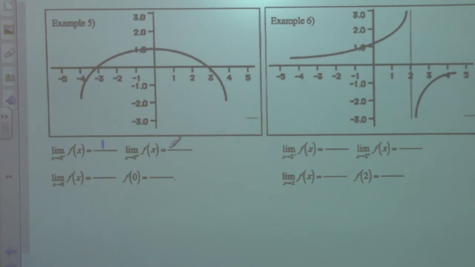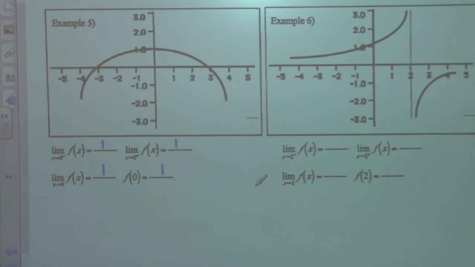The limit as x approaches 0 from the right side is 1. The limit as x approaches 0 is 1. And f of 0? Do you see any kind of hole there? No. So f of 0 is still 1, because there's nothing that tells me it does not exist. If it's an open circle, then it doesn't exist. Right, but this is solid.